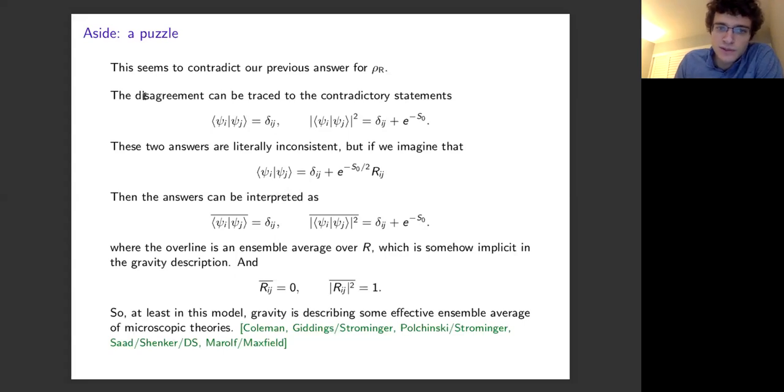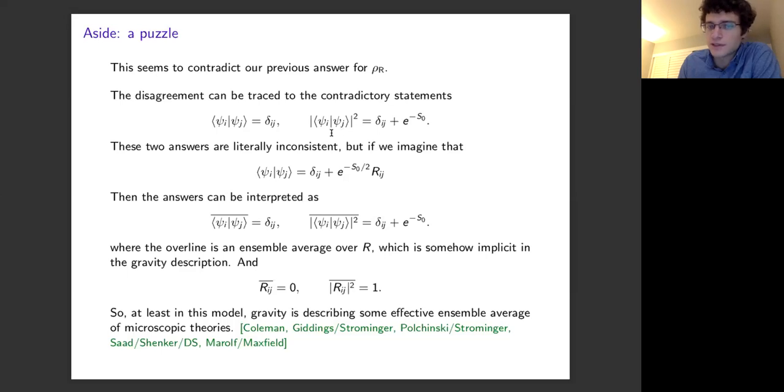The disagreement between the two answers, just at a technical level, we'll try to interpret it in a moment, is due to the following contradictory statements that gravity gave us. One statement was this one, the orthogonality of these states. And the second statement was this one.